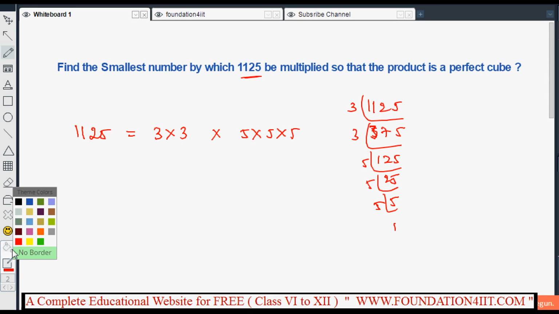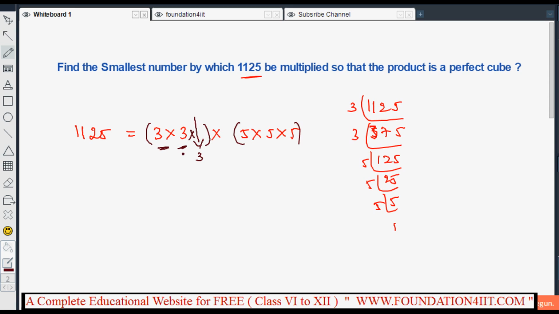If you observe here, how much is lacking? 5 into 5 into 5 is one set, but for 3 into 3 into 3 we have only two numbers. So we need one extra 3 here; an additional 3 we need to multiply.